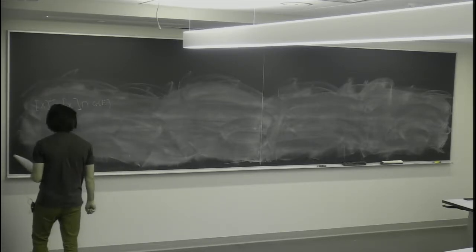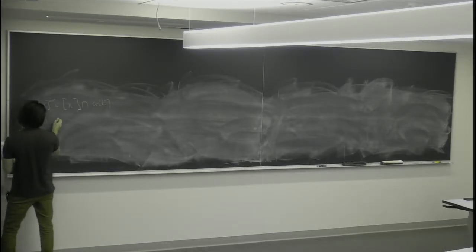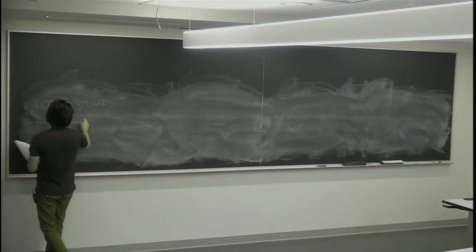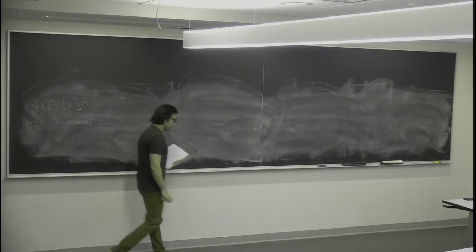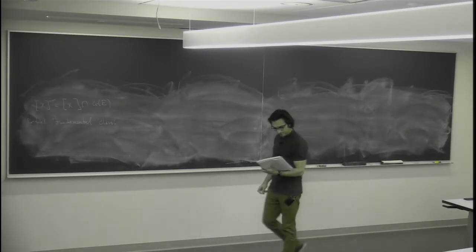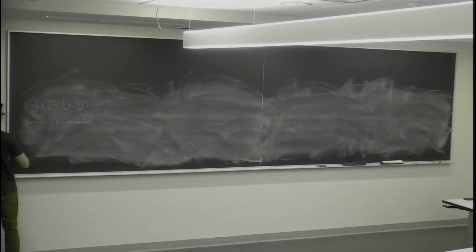Now let's discuss more general cases. In particular, let us discuss more about the virtual fundamental class. Hopefully we can see two constructions of it today, and also an example of how to compute it. So first, let's do a little bit of classical stuff.